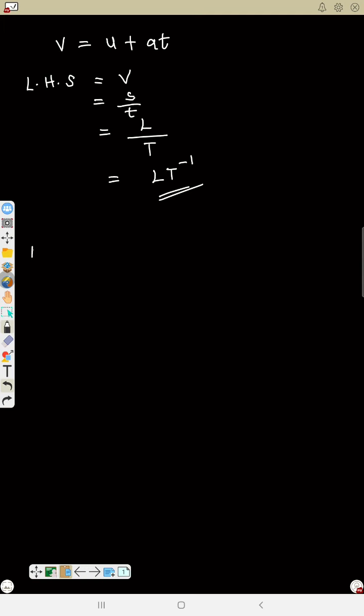Now let's say the right hand side. For the right hand side, we have U plus AT. Now U is velocity, the initial velocity, and the dimension for U is LT raised to power minus 1 plus.